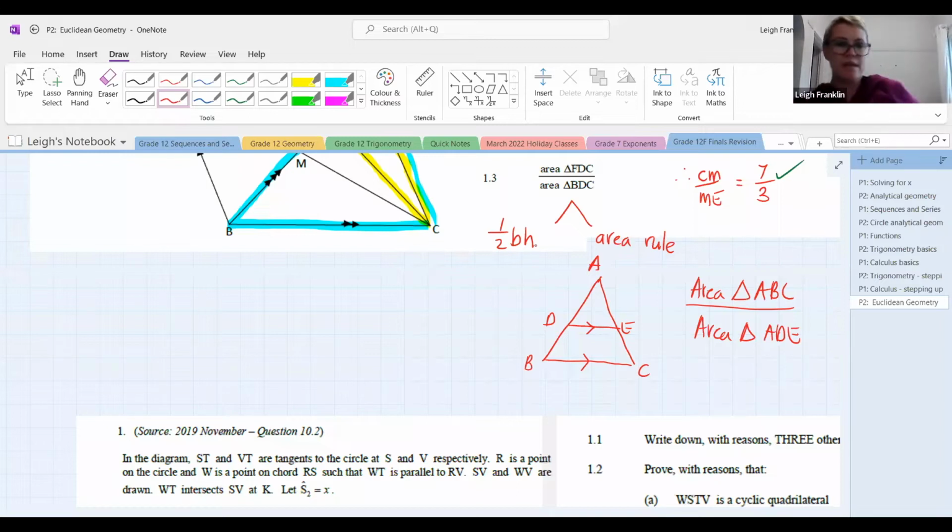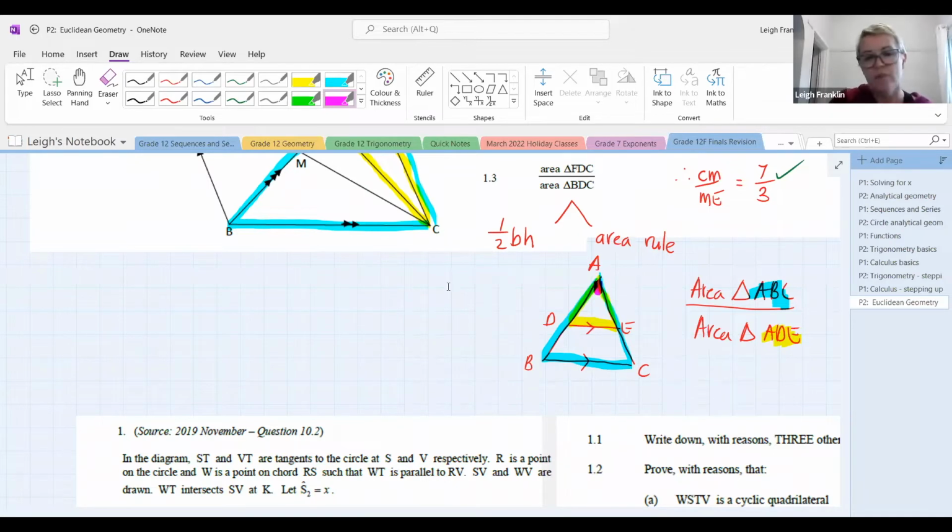I would use the area rule in this case, because if you have a look here, angle A is common. It's in ADE and it's also in ABC. So I'm going to use the area rule because both triangles contain or share this angle A.